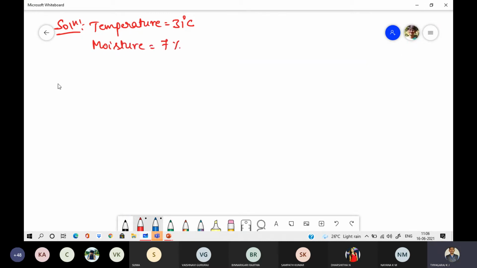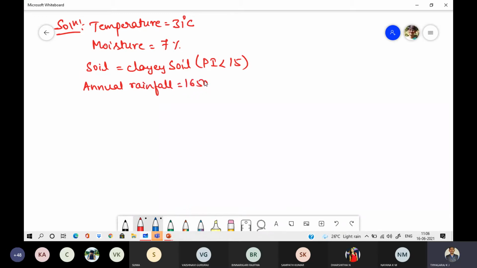What type of soil is it? Clay, sir. What is the PI? PI less than 15. What is the annual rainfall? 1650 mm. Then what is the deflection they have given? Characteristic deflection, 1.45 mm.